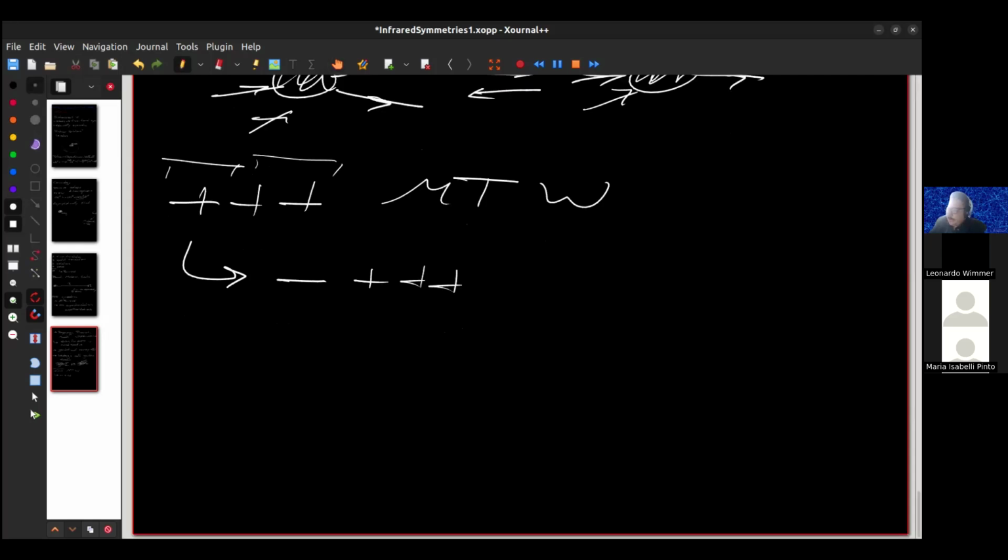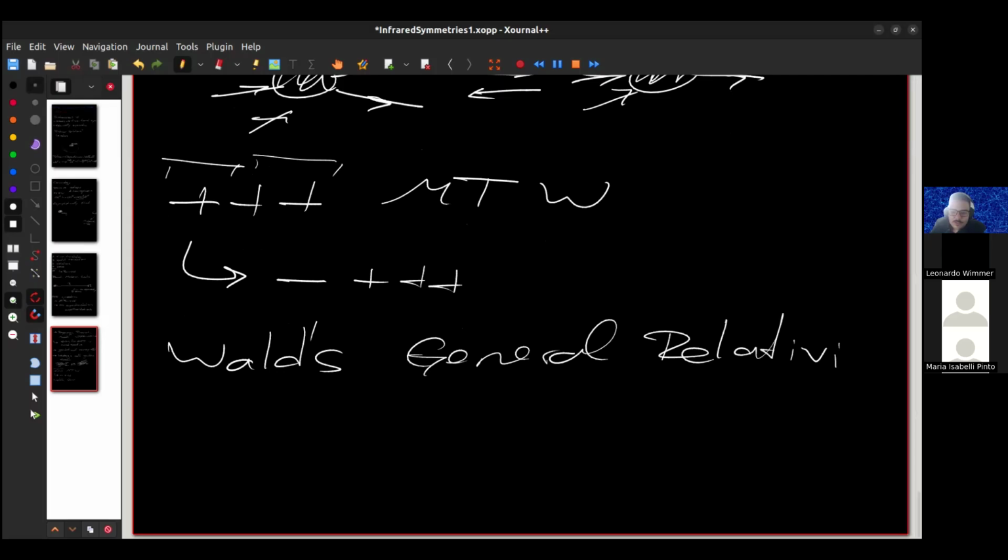Okay, so this is the signs about tensor notation. I use Wald's conventions in general, Wald's General Relativity. And this means that I use something that is called abstract index notation, which means I usually write tensors using Latin indices. So for example, I can write this tensor here.